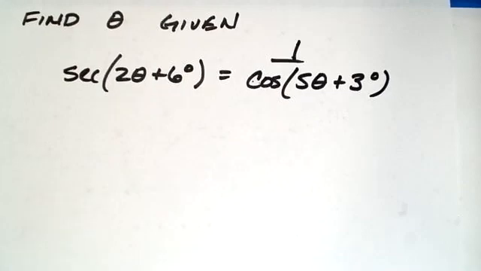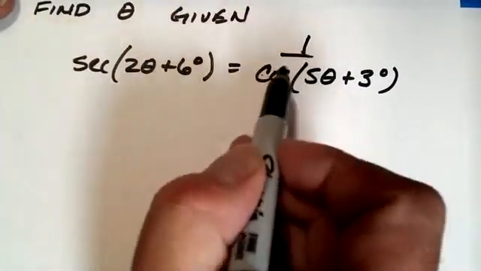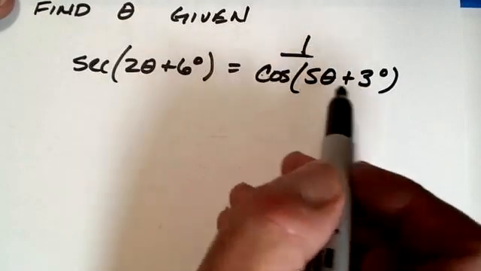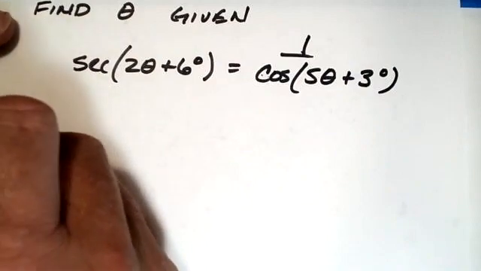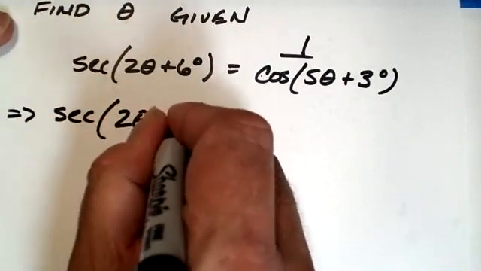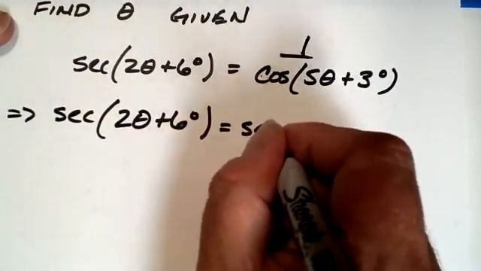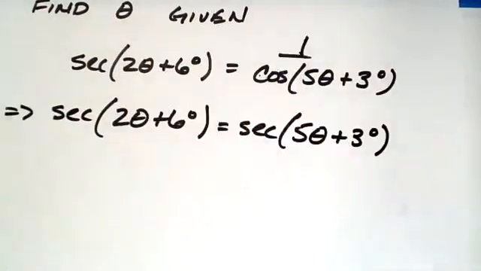So when you see this sort of setup, the first thing to do is probably make the substitution here: 1 over cosine of something is equal to secant of that something. So the very next step, you have that secant of 2 theta plus 6 degrees is equal to secant of 5 theta plus 3 degrees.